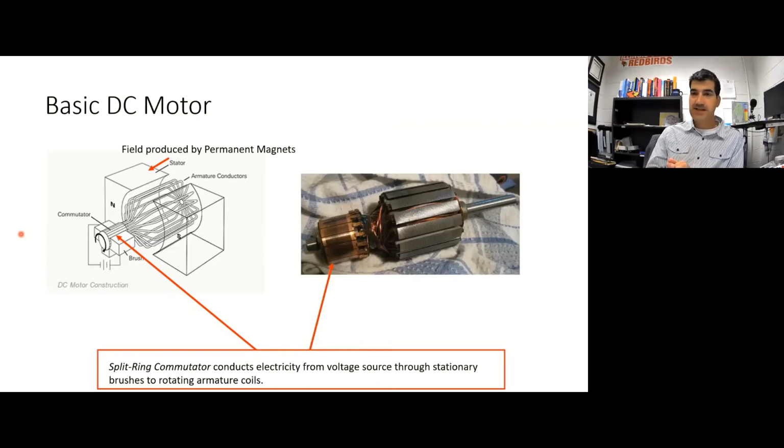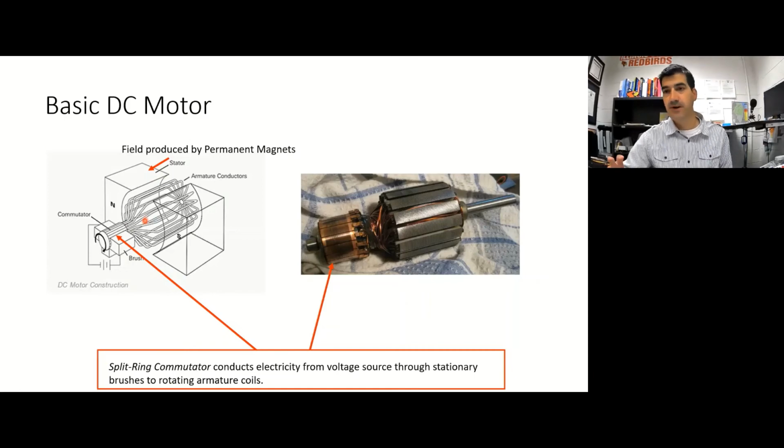Here is the basic construction of a DC motor that I just tried to draw, but I can't draw quite this well, so this is a better picture to look at. Right here, we've got our voltage source down here. Then we've got our brushes on either side of our split ring commutator. Here's our split ring commutator. It's divided up into lots of different sections. And then here is our armature right here.